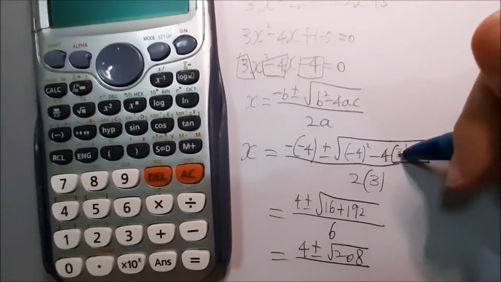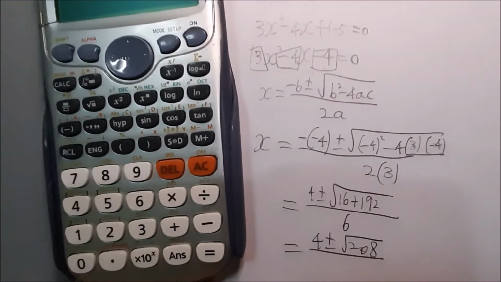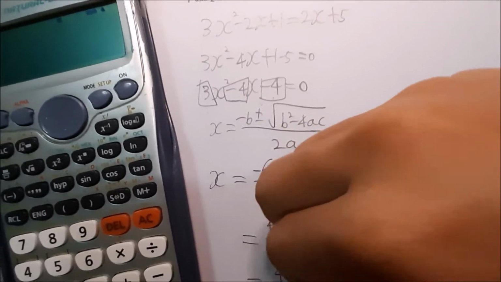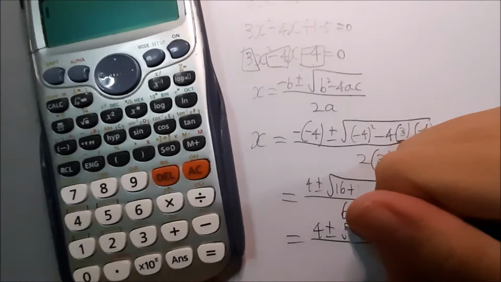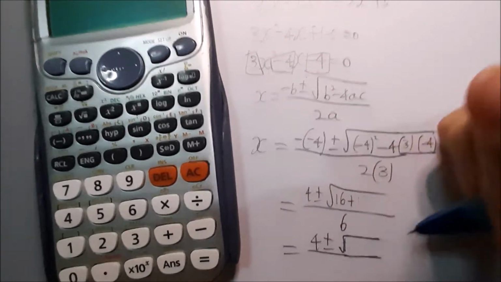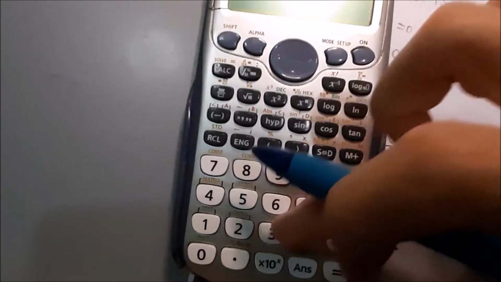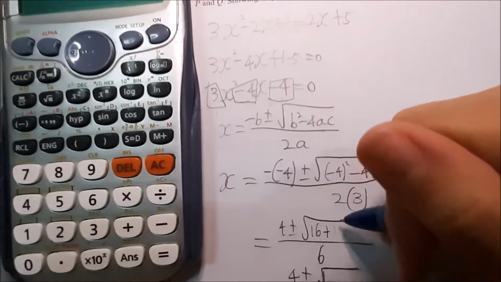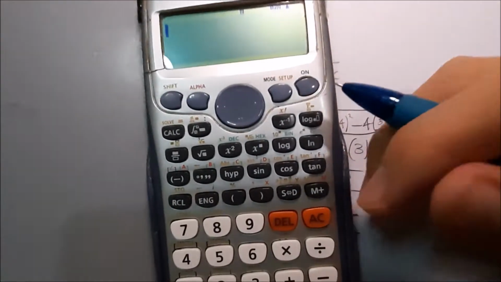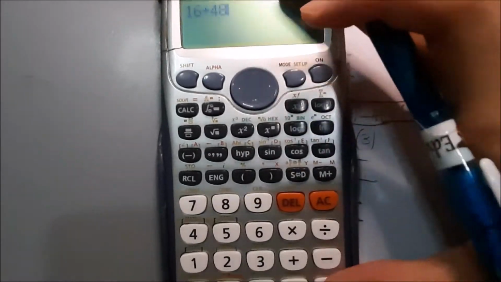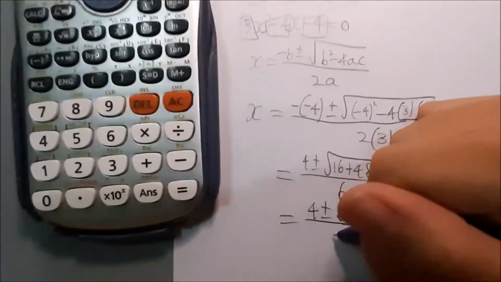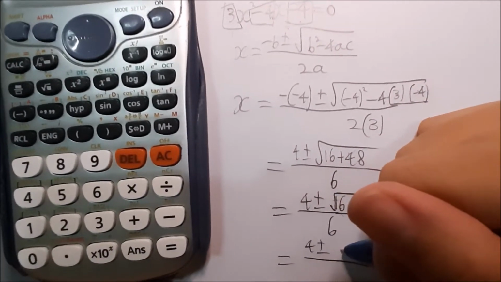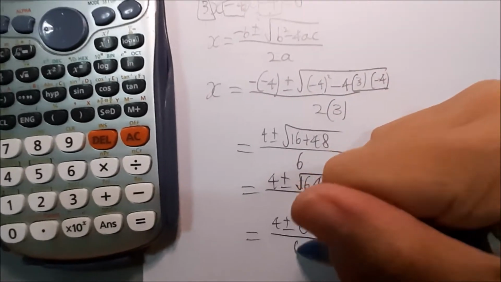Oh, I'm sorry, 4 times 3 times 4 is not 192. It's 48. So 16 plus 48 is 64, over 6. So it is 4 plus minus the square root of 64, which is 8, over 6.